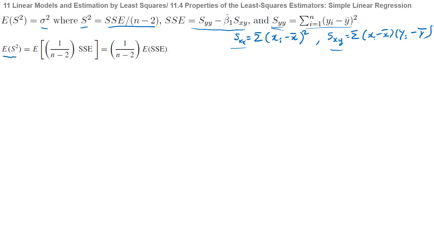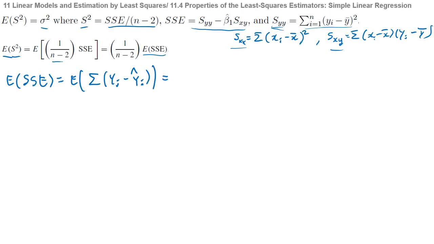The expected value of s squared can be written as the expected value of 1 over n minus 2 times SSE, and 1 over n minus 2 is a constant, so the expectation goes inside. Let's find the expected value of SSE, which is the expected value of the sum of yi minus yi hat.